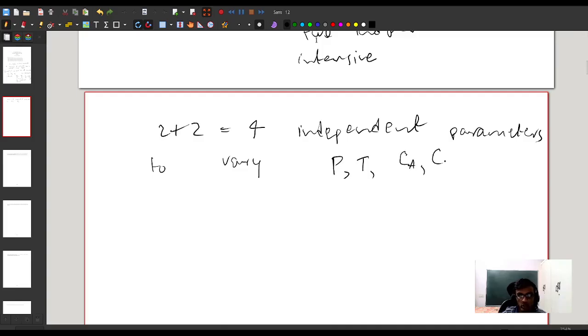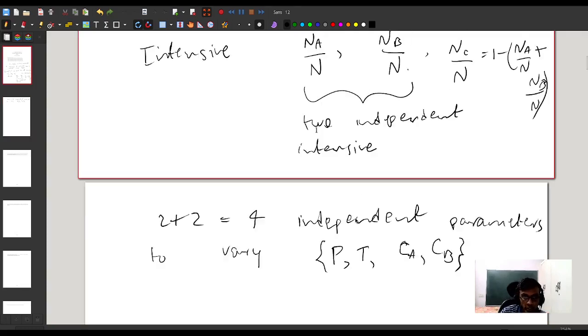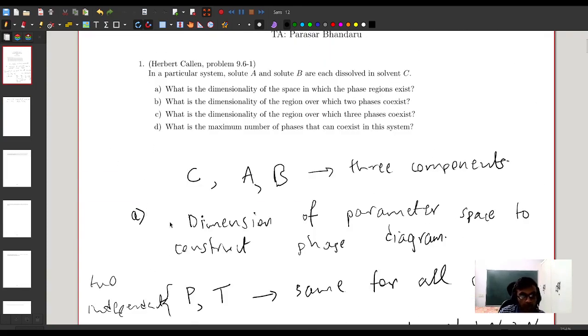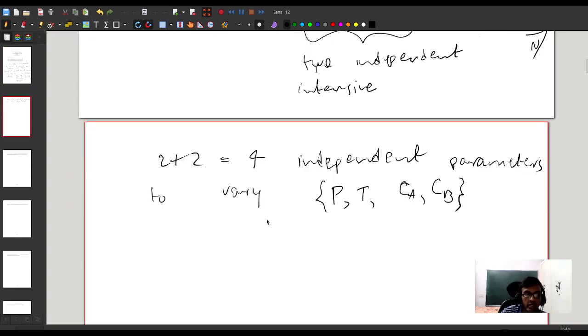So these are the concentrations of the components A and B. So this is the answer to the first part of the question, and we can also try to understand this in a different way of counting, but it is ultimately the same thing.